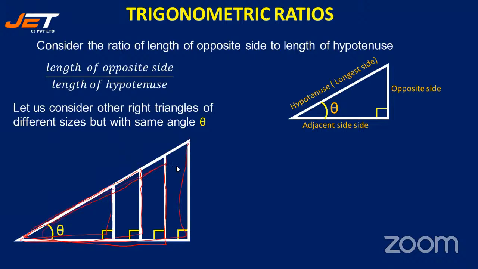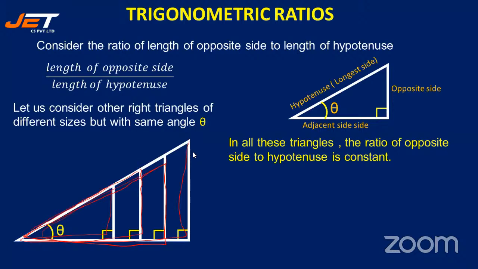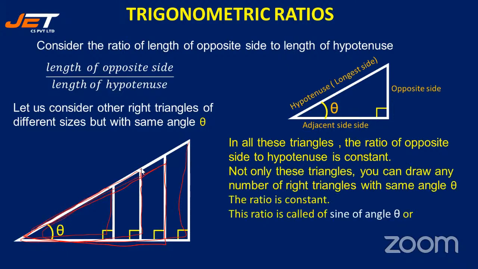So many triangles are there. In all these triangles, the ratio of opposite side to hypotenuse is constant. This is the hypotenuse because it is the longest side. Not only these triangles, you can draw any number of right triangles with the same angle theta, and the ratio will always be constant.